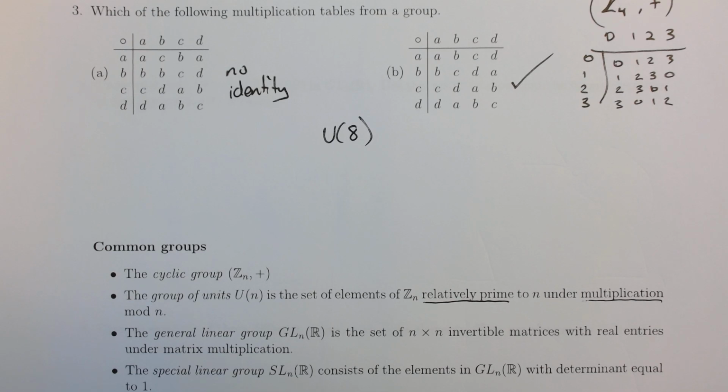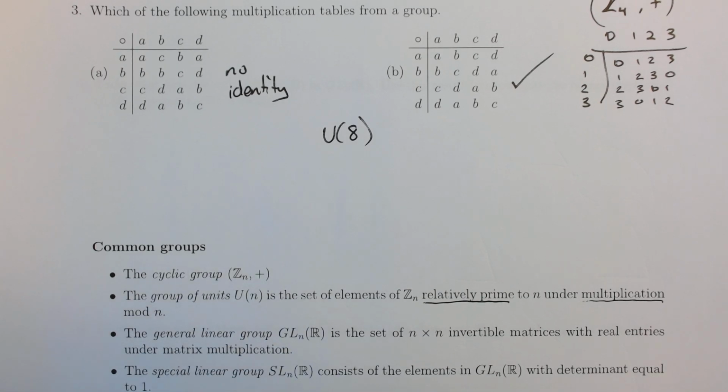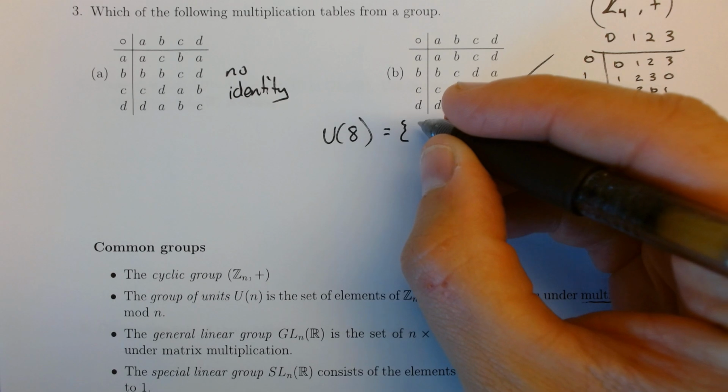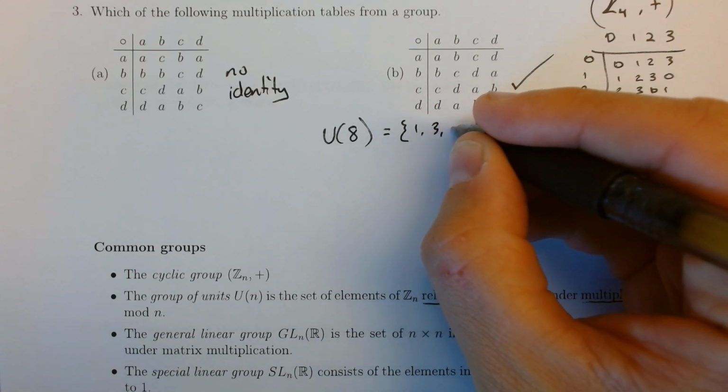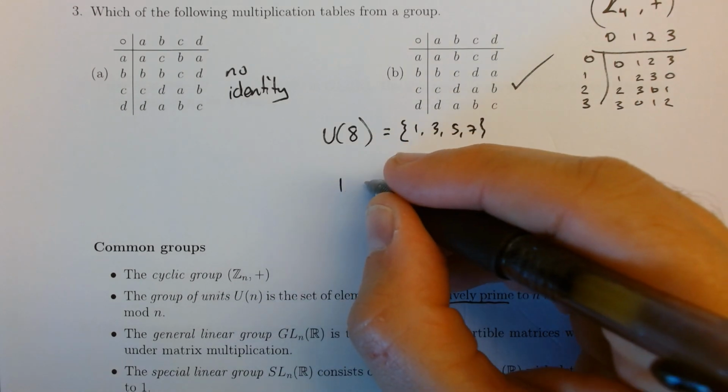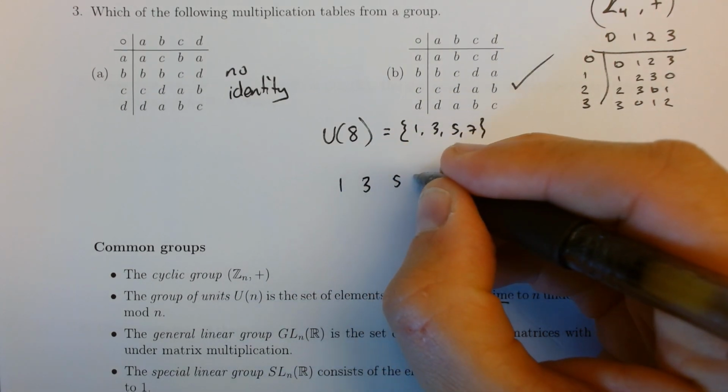All the even numbers below 8 would not be relatively prime to 8, and so they wouldn't have an inverse. So we only focus on the numbers that are relatively prime to 8, so that's just 1, 3, 5, and 7. And so that's 4 elements, so we'll get another group with 4 elements.